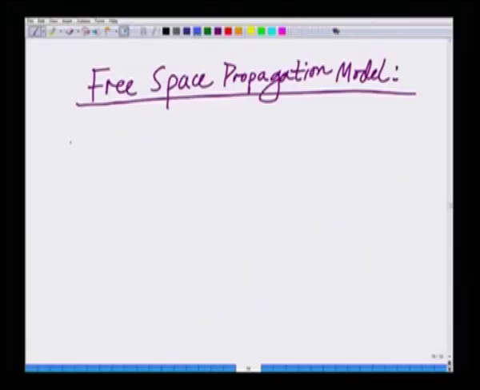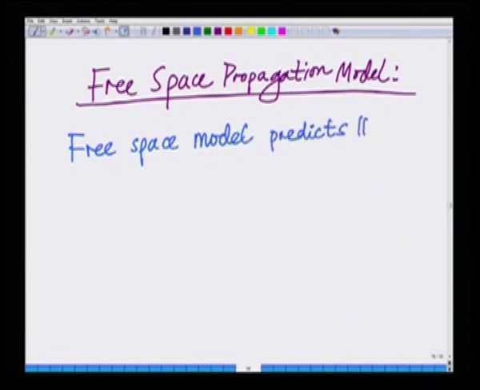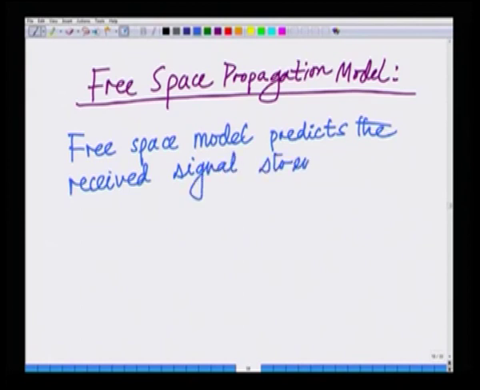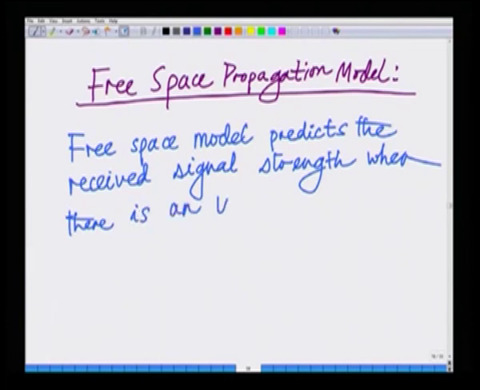So, the free space model predicts the received signal strength when there is an unobstructed path.